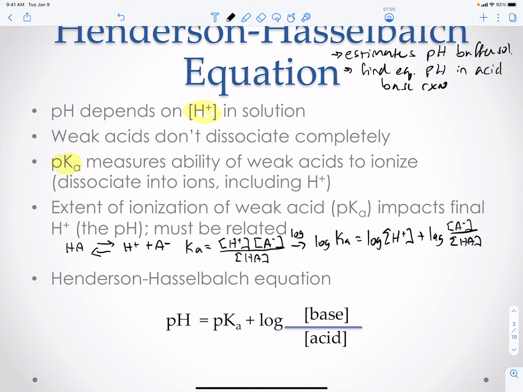And then you can rewrite this as a negative pKa equals a negative pH plus the log of the other species.